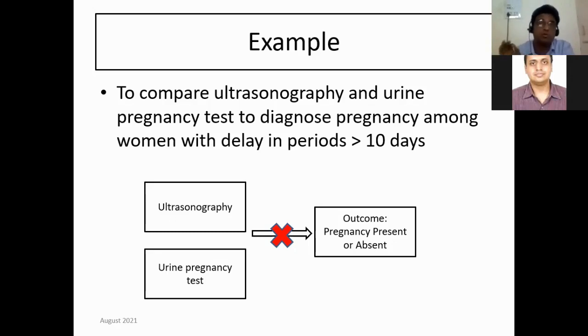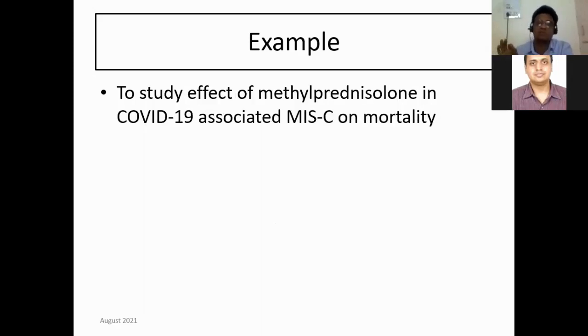So the first rule of the game that we all need to understand is whether you're going to change the outcome or not. If you're going to change the outcome, then this is an interventional study. Let me give another example: to study the effect of methylprednisolone in COVID-19 associated MISC on mortality. You are interested in an outcome called mortality. The condition you're studying is COVID-19 associated MISC.